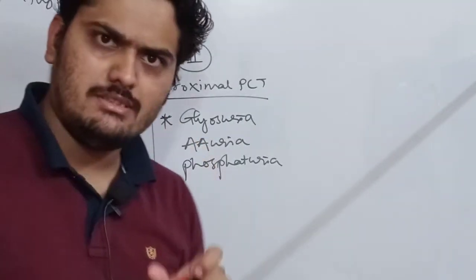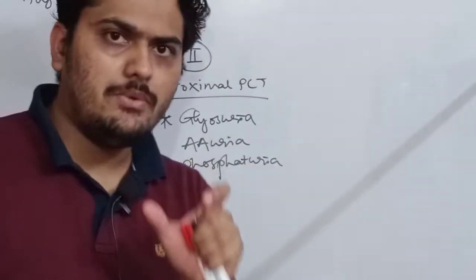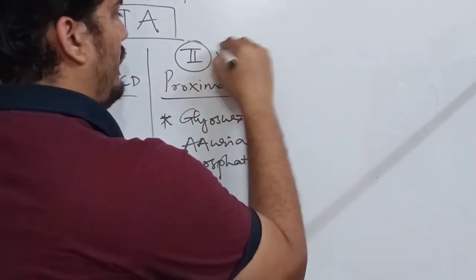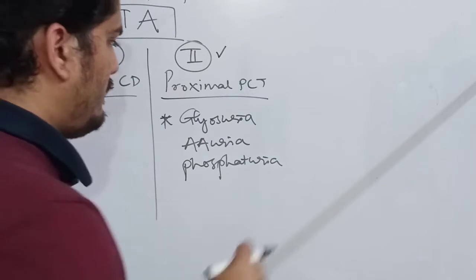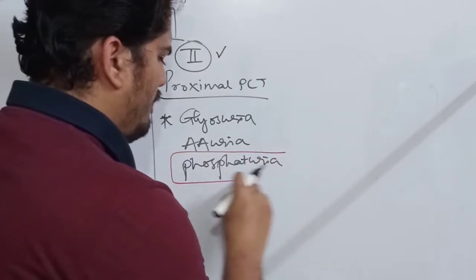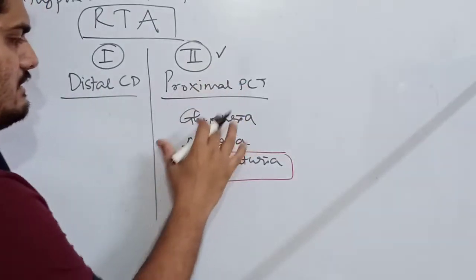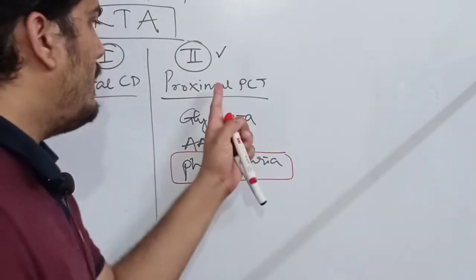So if the question says that phosphaturia is present, then most of the time the diagnosis becomes RTA type 2, because phosphate is absorbed completely and efficiently only in PCT. So if these three things are there, then the diagnosis becomes RTA type 2.